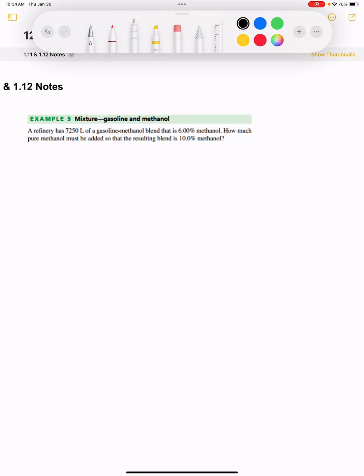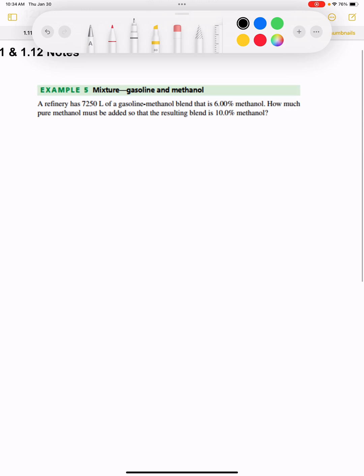All right, so let's think about this. The refinery has a gasoline methanol blend. So first, I can see that we're talking about a mixture. So right out the gate, I'm saying, okay, amount times percent equals my pure, because I'm thinking about my isopropyl alcohol.